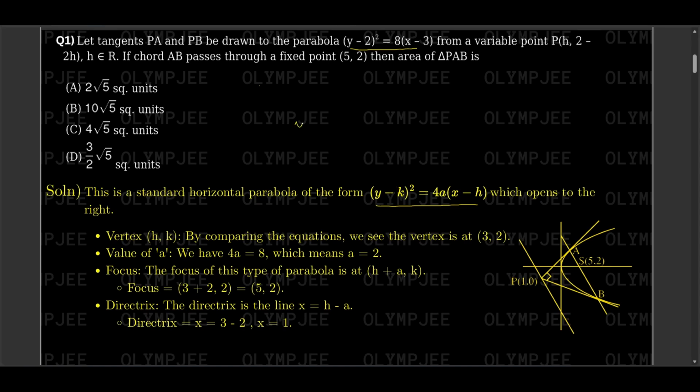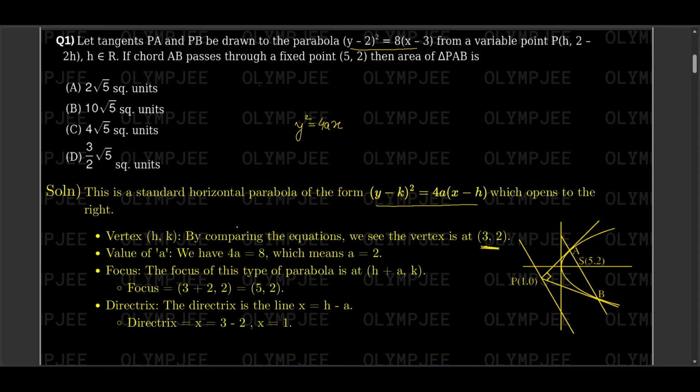Generally the formula is y square is equal to 4ax when the vertex is at the origin, but here the origin has been shifted to some other point, so we need to use the transformation formula. So we get this standard formula, and we can find that the vertex is at (3, 2).